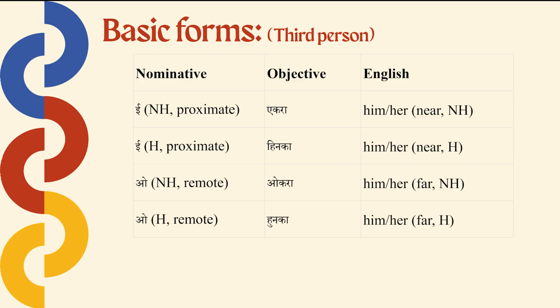So, when you are saying it in a non-honorific form, then e will become ekara. If you are giving honorificity to it, then you will say hinika, and if something is afar, very far from here, from the place where the speaker is speaking, then it will become okara for non-honorific, and it will become hunka for honorific.